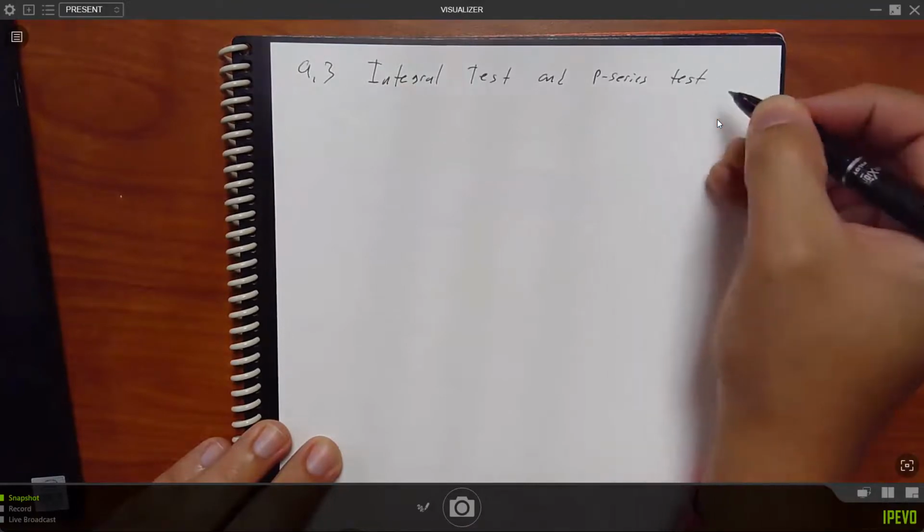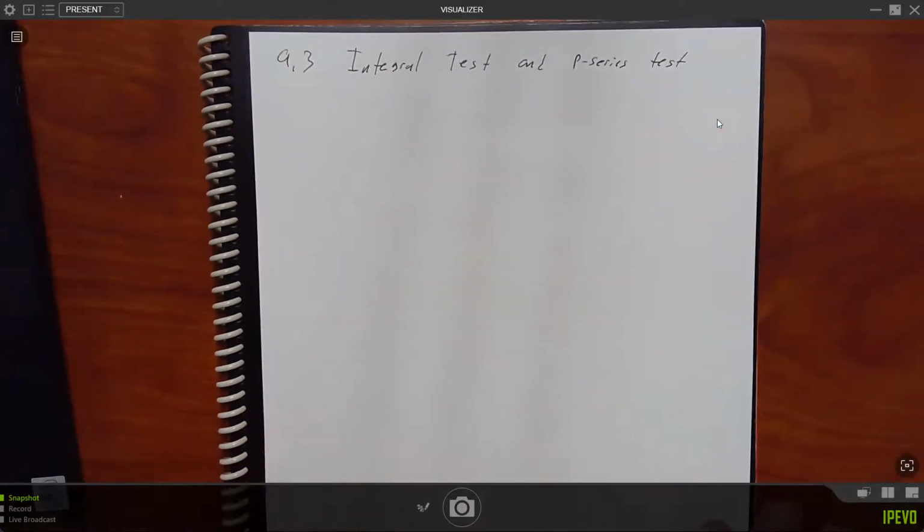Once we get towards the end of chapter 9, and you have all kinds of series, try to use every other test, and if you get desperate and you say, you know what, I don't know what to do, that's when you do integral. But if the integral is impossible or super difficult, then it's probably not the right test. Because sometimes integral is really difficult, as I'm sure you're aware.